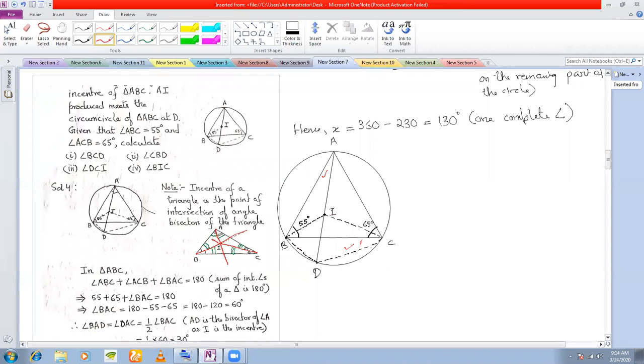BD divides the circle into two segments. The chord BD, you see the dotted line, it divides it into two segments. The major segment and the small minor segment here, the one that I'm shading in blue. The small minor segment here, right? So that means these two angles are angles on the same major segment. Therefore, they must be equal.